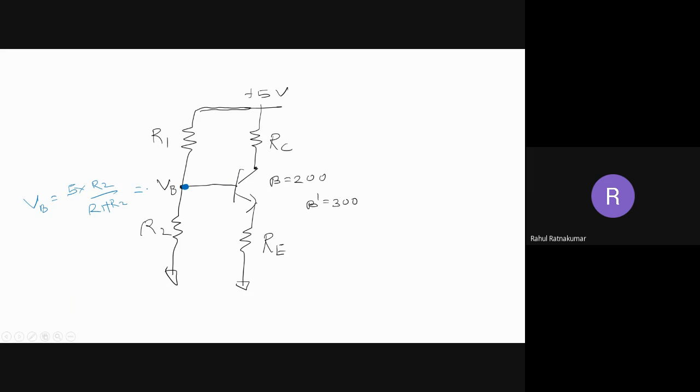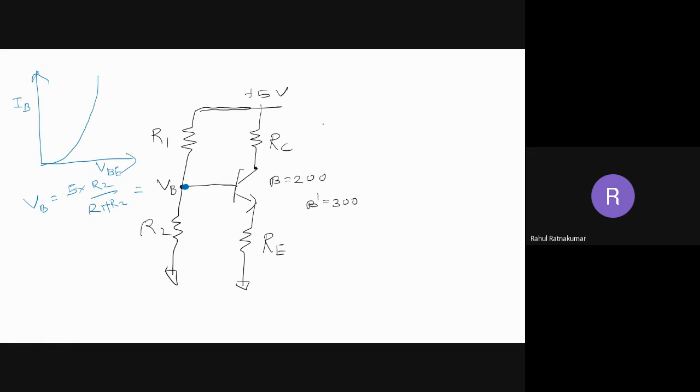Now, because of beta fluctuation, we have the initial input characteristic like this. I'm just explaining the same logic using voltage divider bias. This is IB. We know the curve is something like this, right? Now, because of beta variation, what happens?